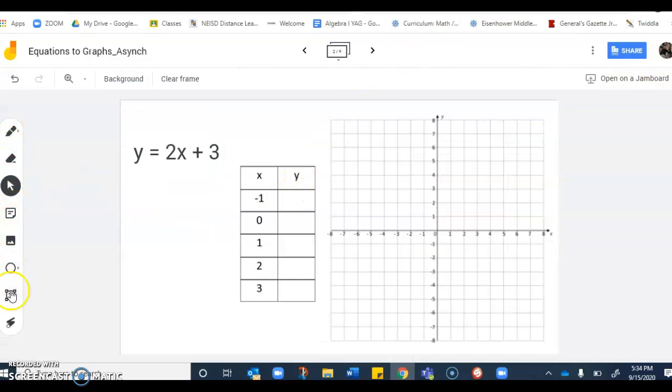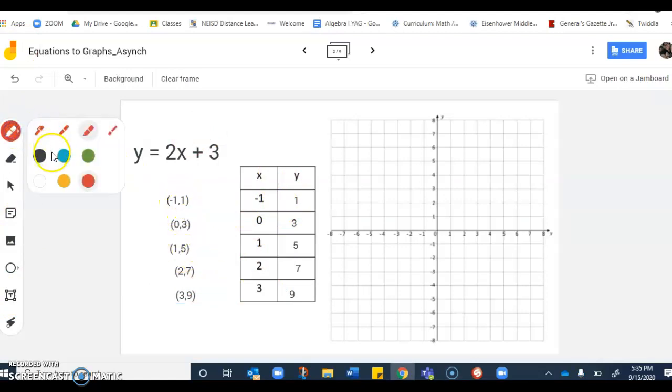So negative 1 was 1. Then it was 3, 5, 7, and 9. Okay, so if you notice, I made the ordered pairs already.